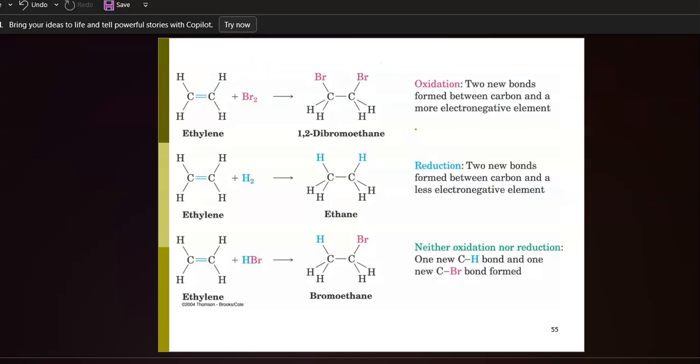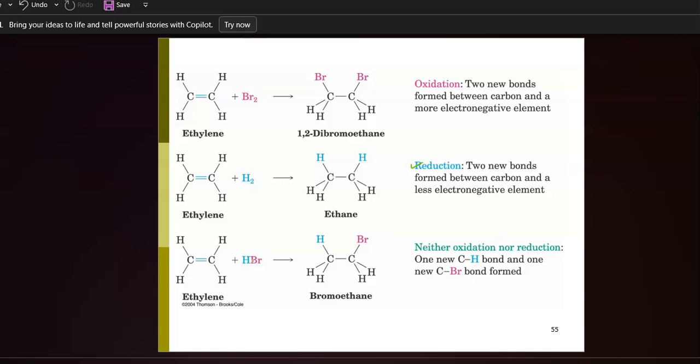Some more examples here of oxidation and reductions. When we go from a double bond to a carbon-halogen bond, we have gained a carbon-halogen bond, so it is an oxidation. Here we have gained carbon-hydrogen bonds. We had only 4 carbon-hydrogen bonds, now we have 6, so it has to be a reduction.